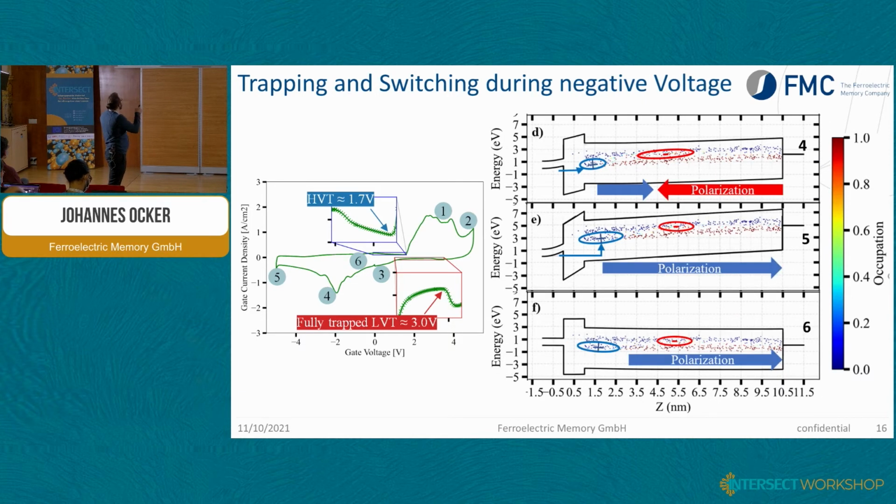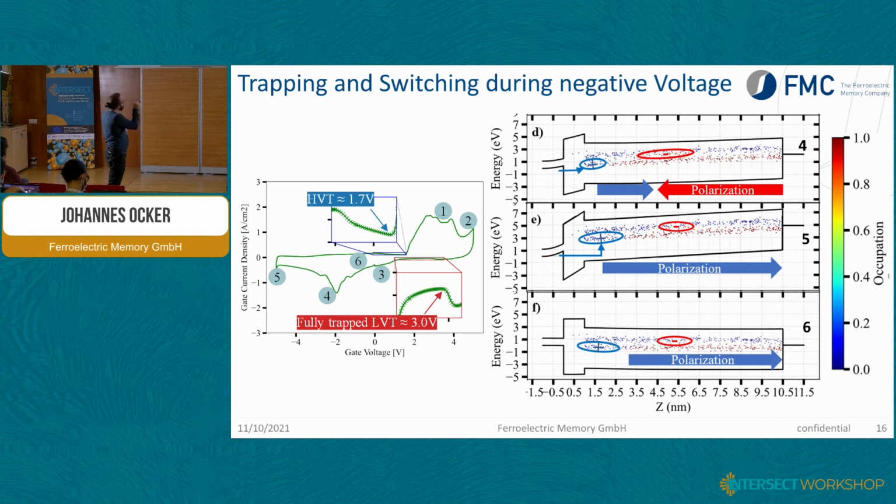All right, and the same thing also happens for the negative voltages. So we go basically from point 3 where we were before. We apply a negative voltage, and then the silicon surface is in accumulation, and there will be holes here.